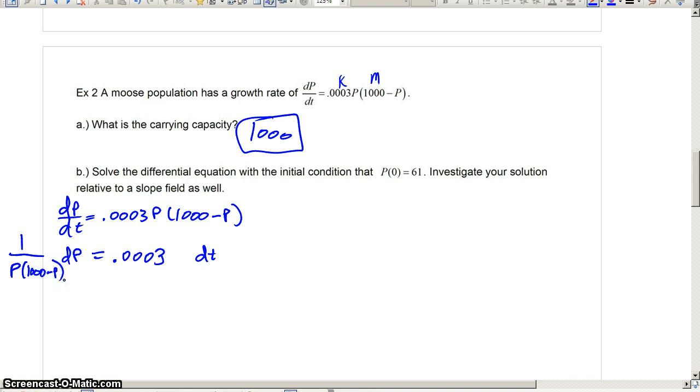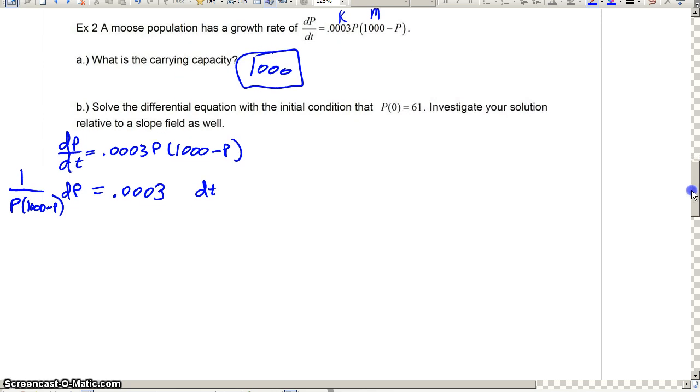So at this point, what we can do is integrate. Now, if we're on our toes, we're going to know that this left-hand side is actually going to need a partial fraction decomposition. And that's what we were doing for our last lesson. In fact, just the other day.